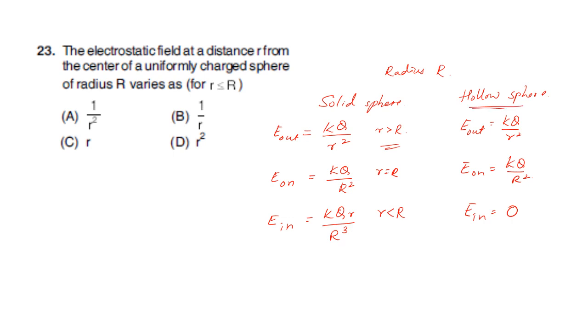Here in the question it is asked how the field varies for r less than or equal to R, and it varies as E directly proportional to r. Option C is correct.